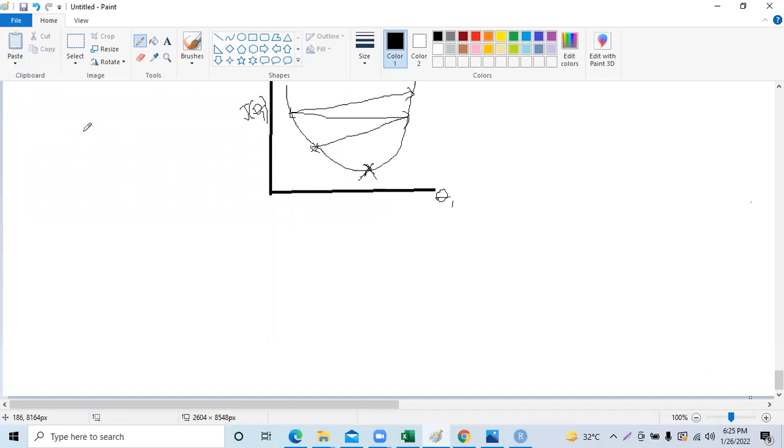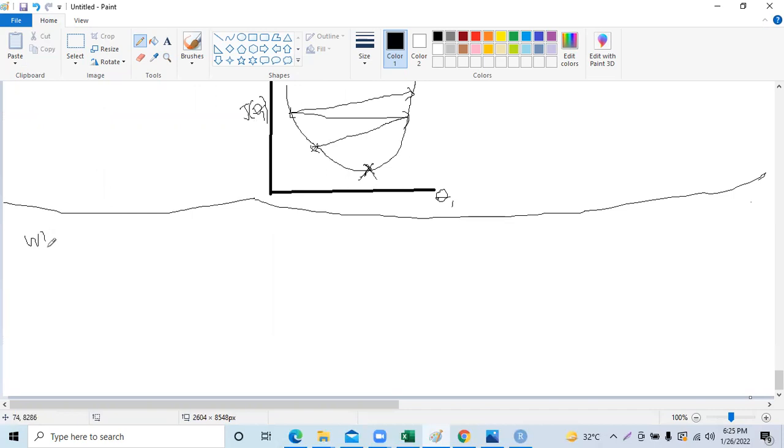The question is, when theta 1 is already at a local minimum, so let's say we have a graph like this. It's not every time you're going to have a simple curve like this. So let's say we have something like this.